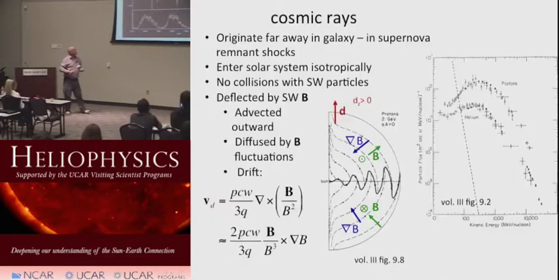I want to just touch on a few of them that are important in other parts of heliophysics. One is cosmic rays. Here is a version of looking sideways. This is that fluted heliospheric current sheet.